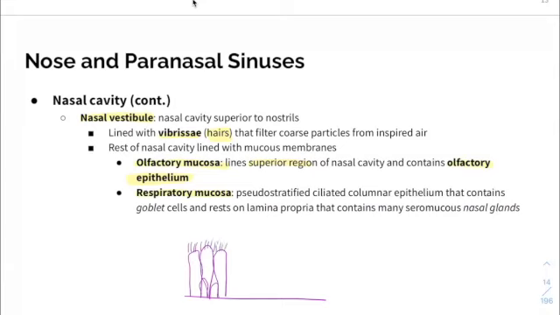They also have goblet cells in here. These goblet cells secrete mucus that helps catch anything that the nasal cavity did not catch as you were breathing in air. It also helps to move things back up towards the throat.